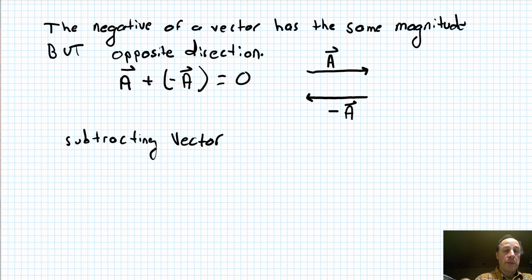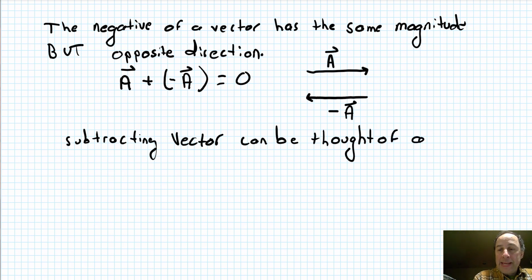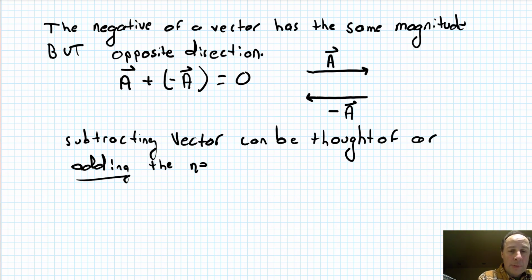Okay, subtracting vectors, let's write it this way, can be thought of as adding the negative of the second vector.